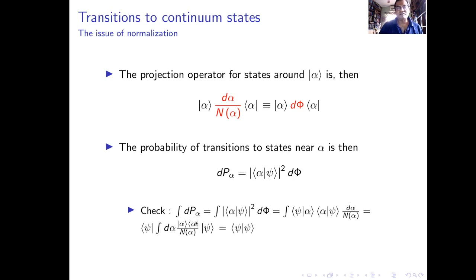So this is nothing but the overlap of psi with itself, and since psi is normalized, this has to be 1. So this checks out that we are right in saying that the probability of finding the system in a narrow range of states, in a window characterized by central value of alpha, with labels going from alpha to alpha plus d alpha, is given by this quantity.